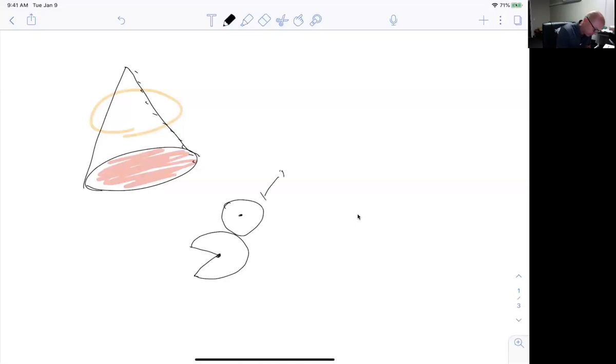So I have a base right here, and this is the lateral area. We'll just call that the sector of circle. Okay, so the question is how do I find the lateral area? Well, if I could just figure out the area of this, I would be fine.